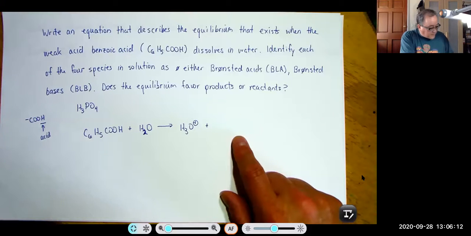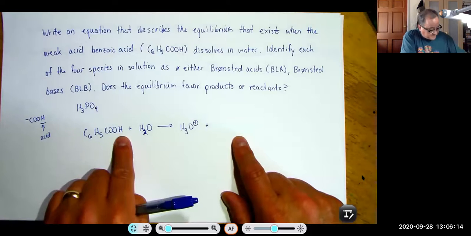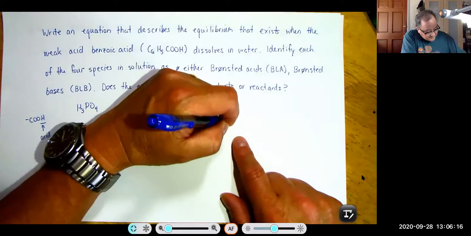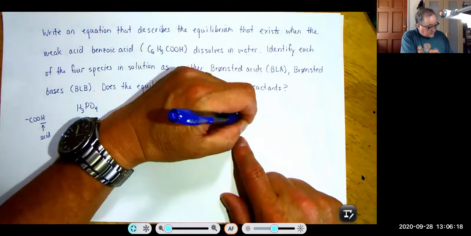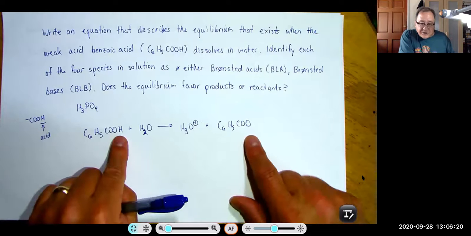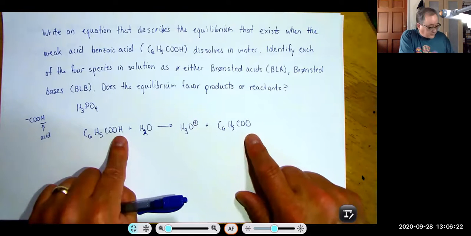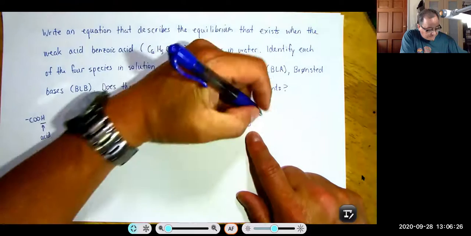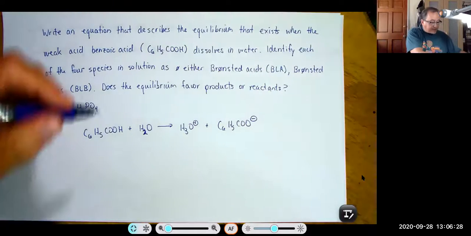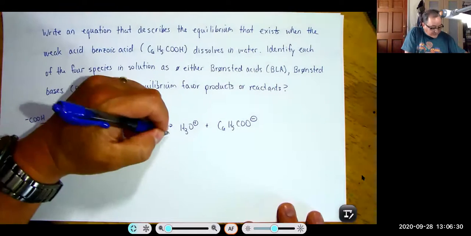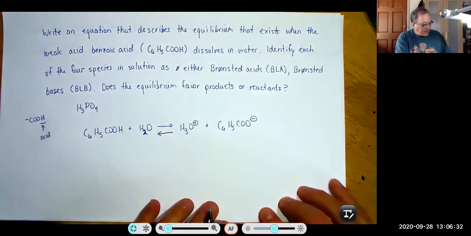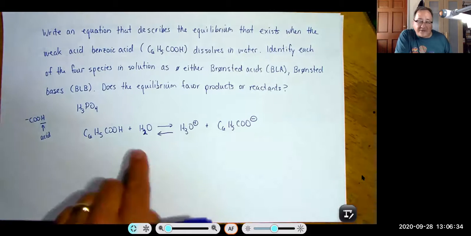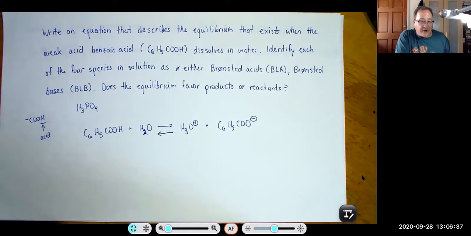So that means we want to take this guy away. So we take away a hydrogen and we take away a charge. If this charge is 0, what is the new charge here? -1. And they say this is a weak acid, so that means we do this. And now I want you to identify Bronsted-Lowry acids and Bronsted-Lowry bases. When you're done, give me a thumbs up.